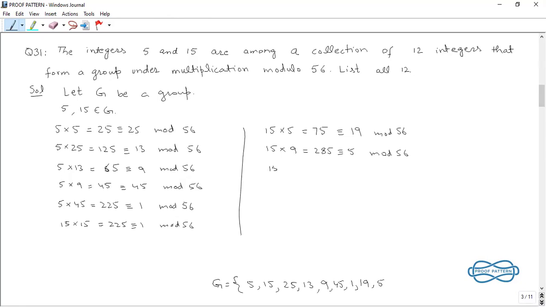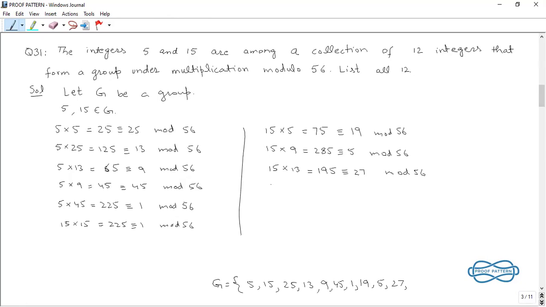Now we multiply 15 with 13, which is 195, and that is congruent to 27 modulo 56. 27 is another element. So far we got 10 elements. So still two elements are remaining.